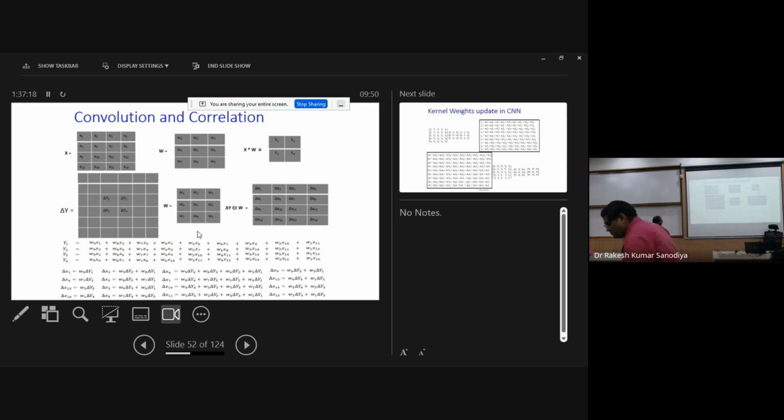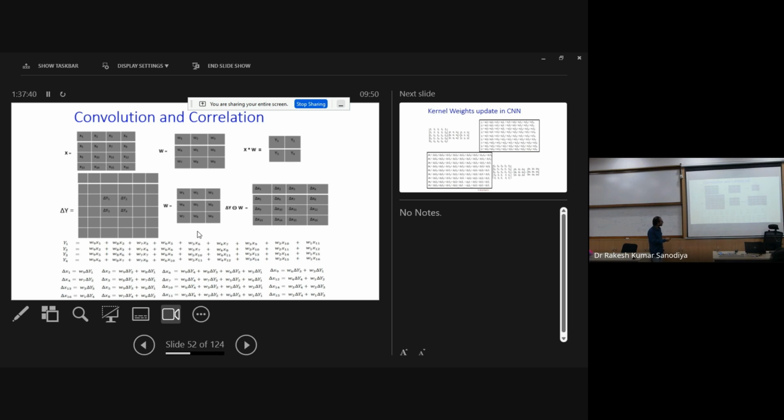Here essentially, if I want delta x10, I need to see where x10 is involved. Here it is involved, here it is involved, and where else? Here it is involved. So delta x10 is equal to what?